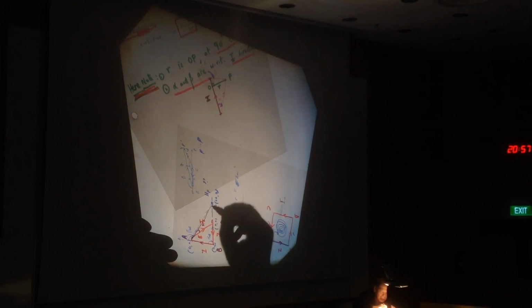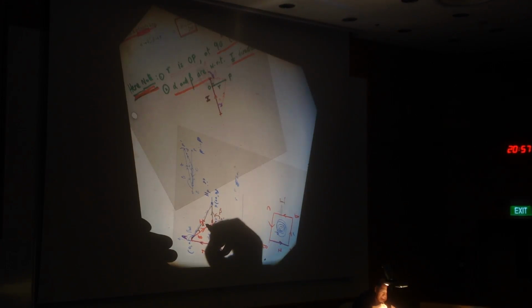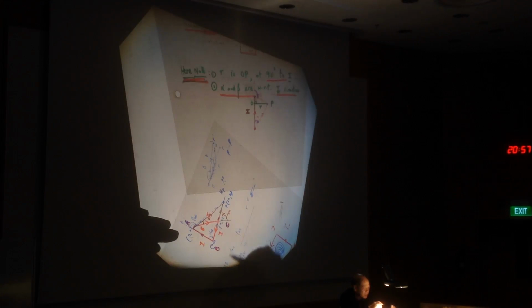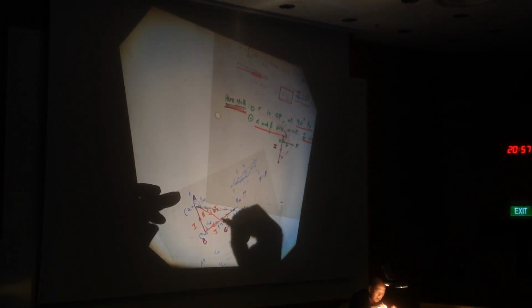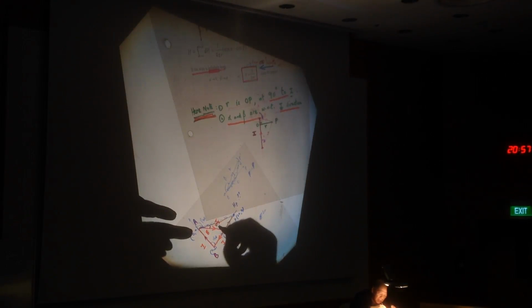And this way, I draw a line here. This is my beta. Alpha AC, and this one beta AC.